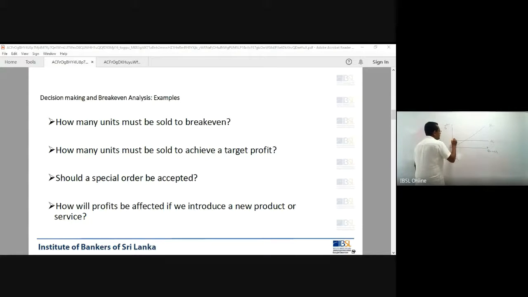It is similar to this one. So fixed cost plus variable cost 1. Then we take this point, and this is equal. So fixed cost plus variable cost 3, like that.